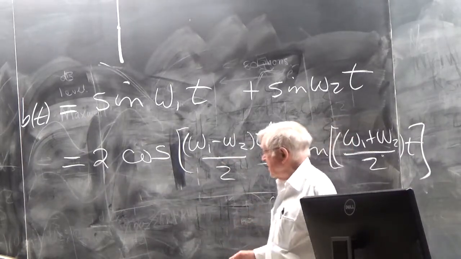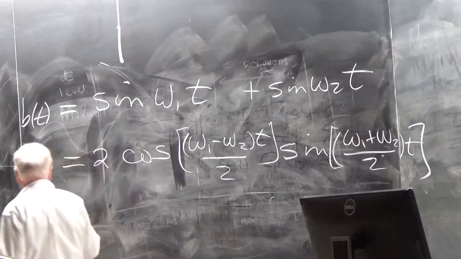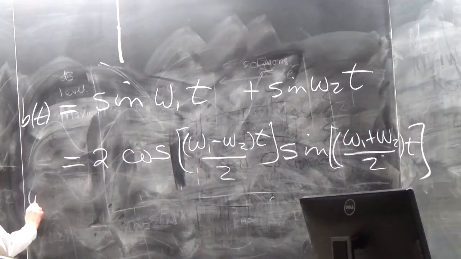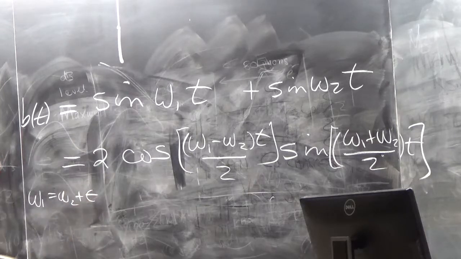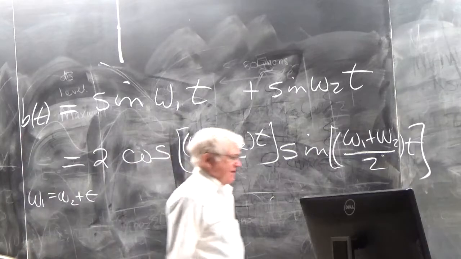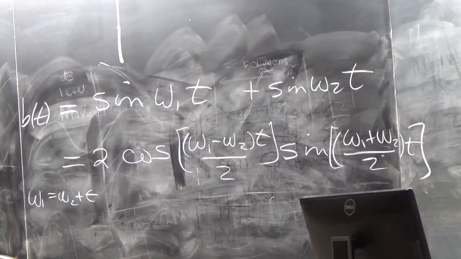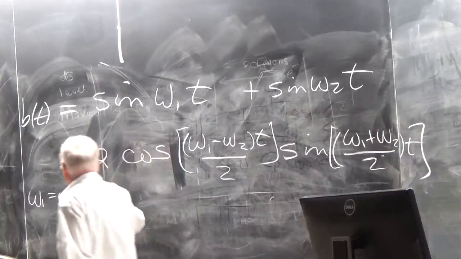And if omega 1 is close to omega 2, say omega 1 is omega 2 plus epsilon. We should try to avoid making things more complicated than necessary.